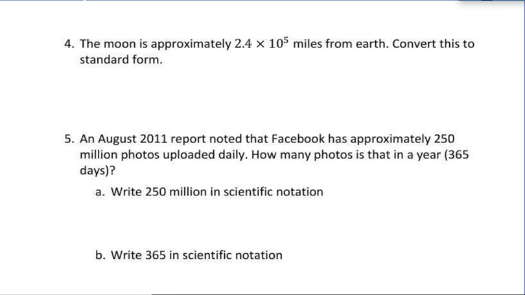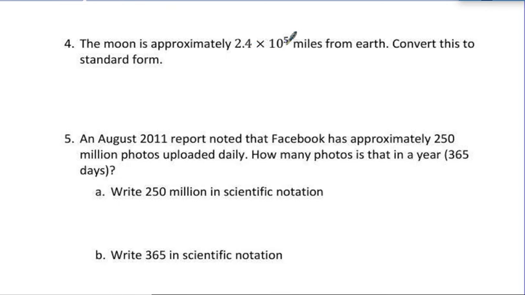As I said earlier, scientific notation is often used to make really large or really small numbers more manageable. The moon is approximately 2.4 times 10 to the 5th power miles from Earth. So if we look at this in standard form, that'll give us some more context, and you'll see how large this number is.